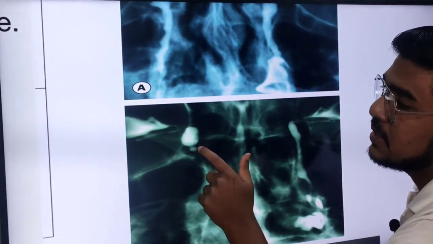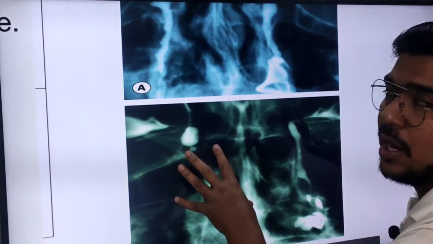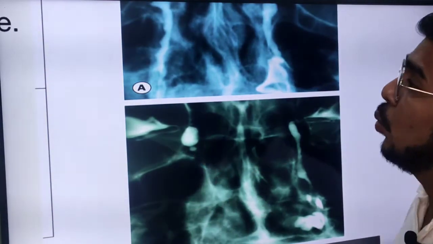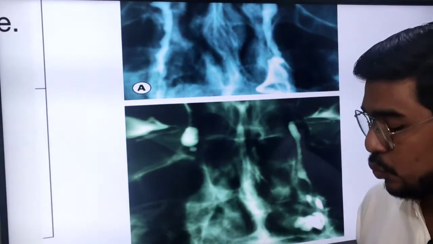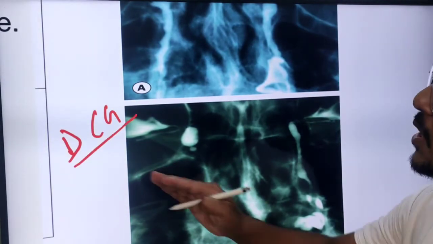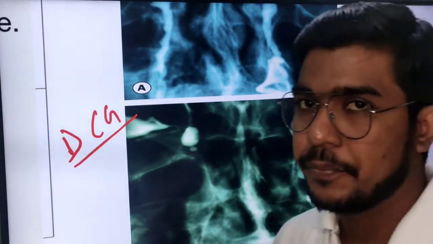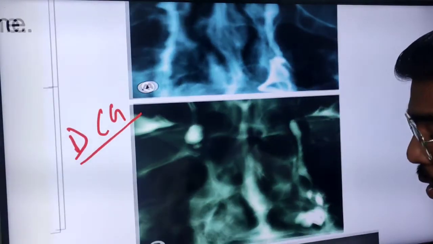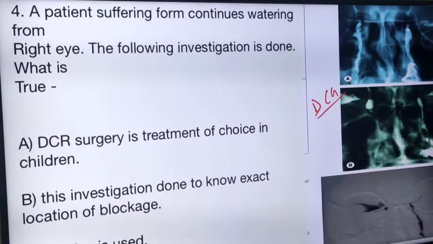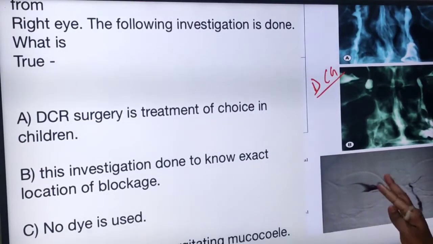So there is some obstruction here. This photograph tells you about the exact position of the obstruction. So what is this investigation? We call it DCG, that is dacryocystography. Now coming to the options, we will talk about this photo later on.